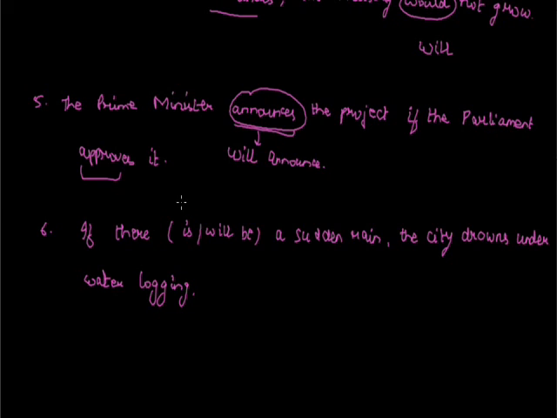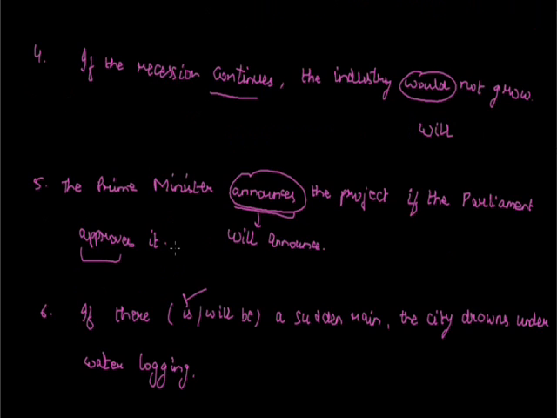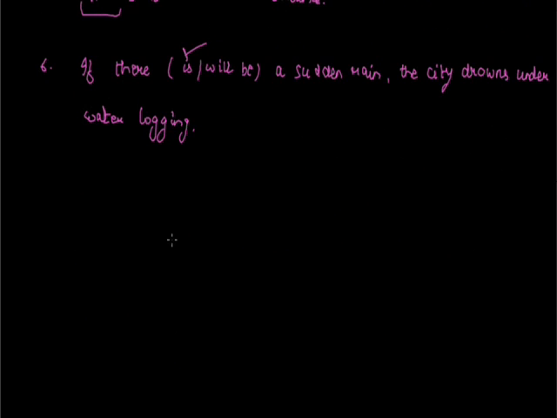As we can see, this is a scientific fact, or it belongs to the zero condition, that we have a simple present tense in both the clauses. So if there is, we can use is here. If there is a sudden rain, the city drowns under waterlogging. It is a sentence of zero condition, that is a scientific fact. So is is perfect here.